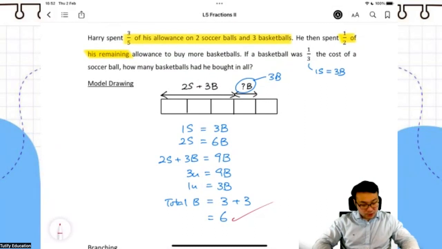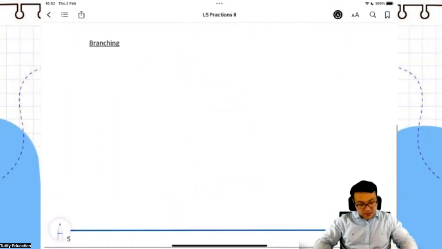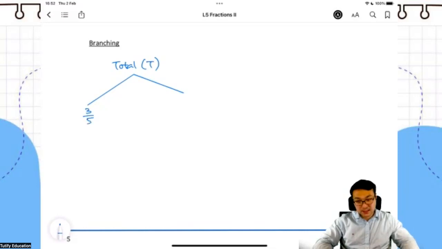So how are we going to do the branching method? So let's try branching now. If let's say you are not comfortable with drawing models, you can use branching. And it's really up to you. Both methods are correct, okay? So let's say the question says that he spent 3/5 of his money buying 2 soccer balls and 3 basketballs. It says that he spent half of the remainder. Can you see that the remainder is 2/5? So he spent half of the remainder.